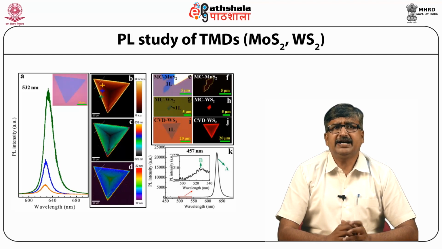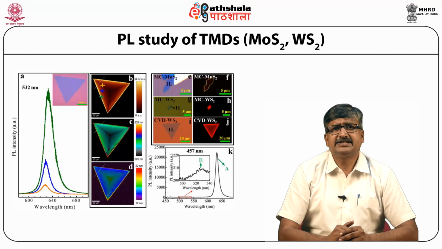E, G and I are the optical images of mechanically exfoliated MoS2, which one can call MC MoS2, and WS2 monolayer, and CVD grown WS2 monolayer.